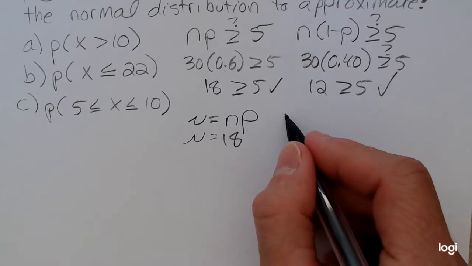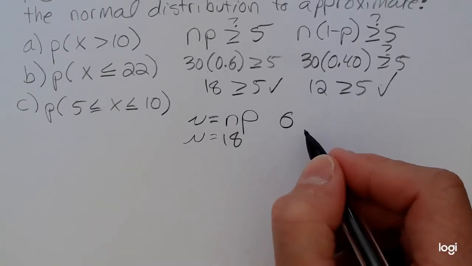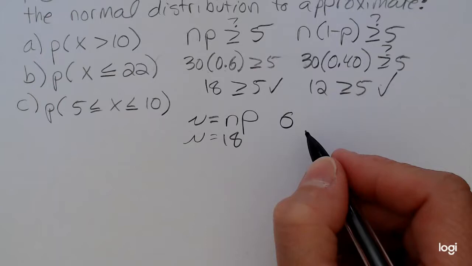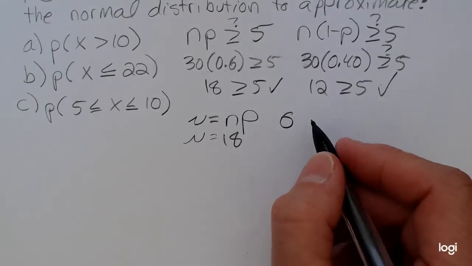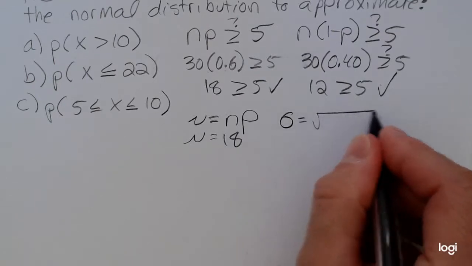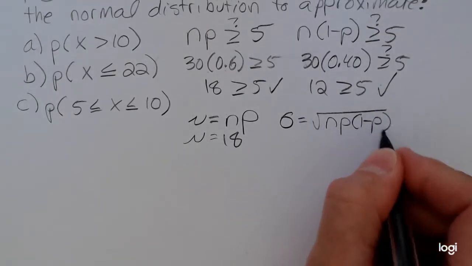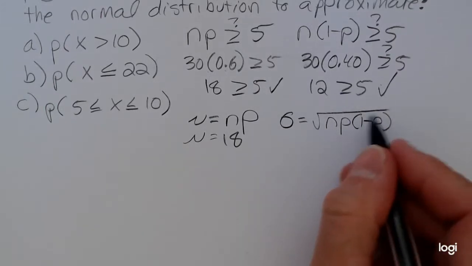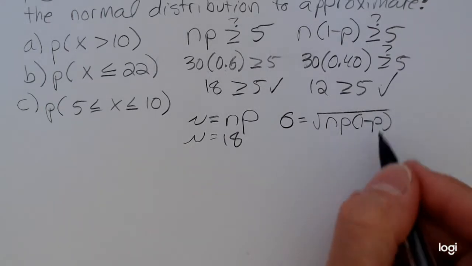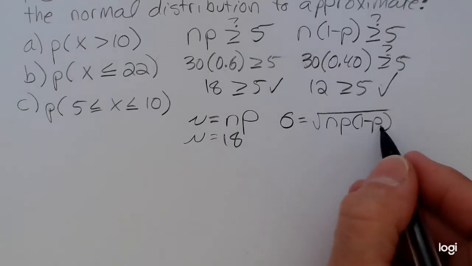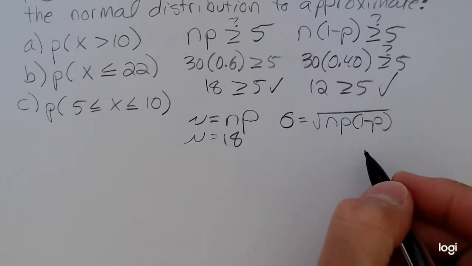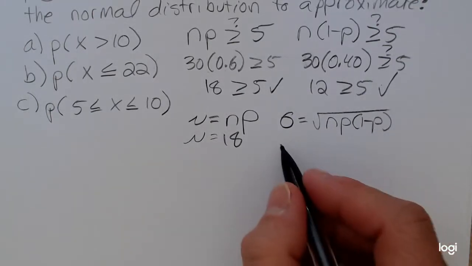And the standard deviation, remember, is the square root of the variance. The variance for the binomial distribution is n times p times 1 minus p. So that's going to be the square root of n times p times 1 minus p. Some textbooks call 1 minus p q. They use the letter q to represent the complement to p.